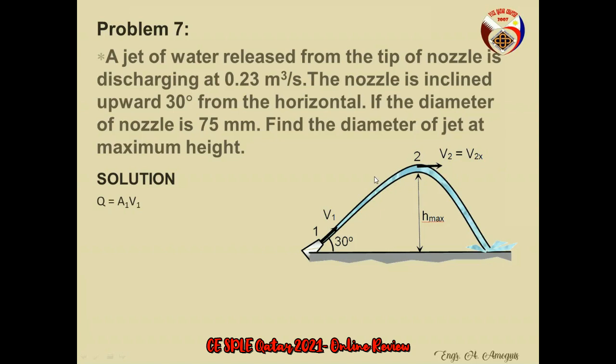Sa projectile motion, walang acceleration sa horizontal, kaya yung x component ng velocity ay practically constant. So this V2x equals V1x.